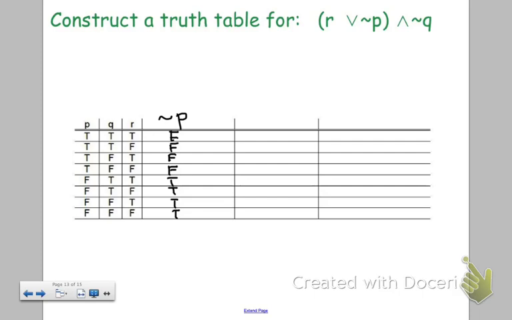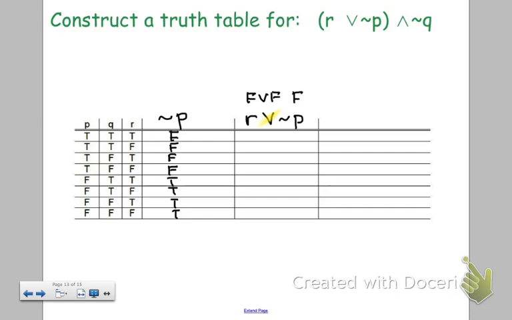So my 5th column heading is going to be that entire inside of those parentheses, R or not P. Now remember, I'm looking at an or. Anytime I have or, I'm looking for false or false is false.